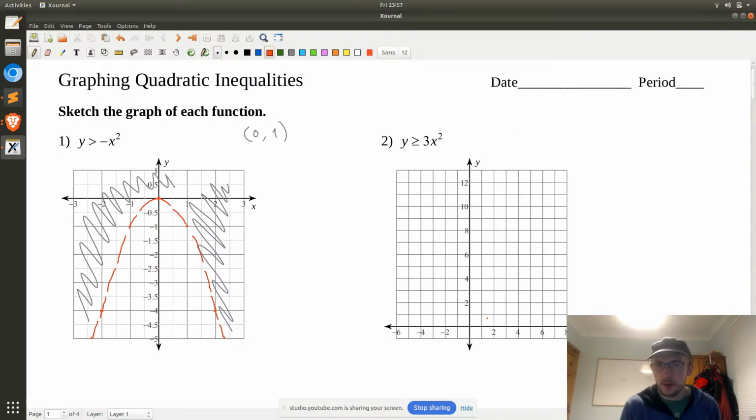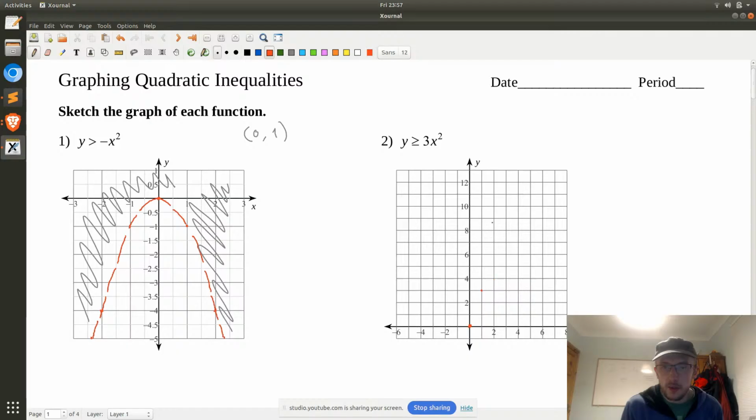y is greater than or equal to 3x squared. All right, so that's going to have the origin. It would be 1, 1 if it were just regular old x squared, but it's going to be 3 times higher than that. So 1, 3.